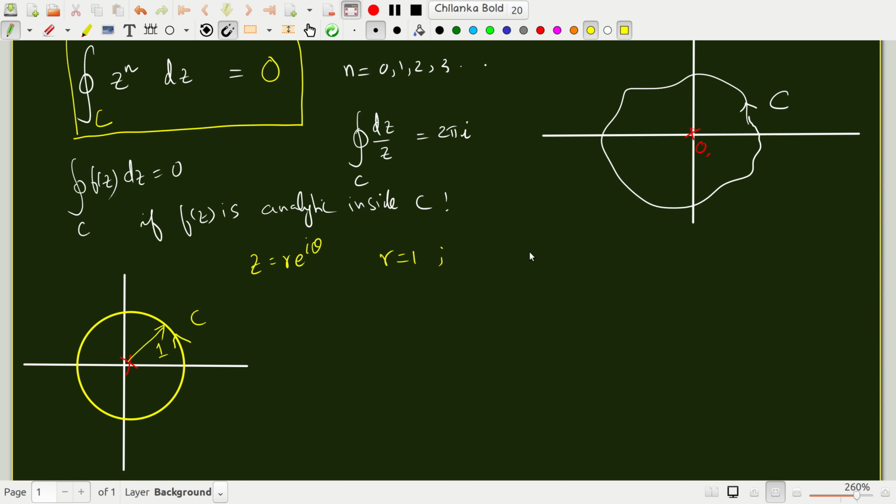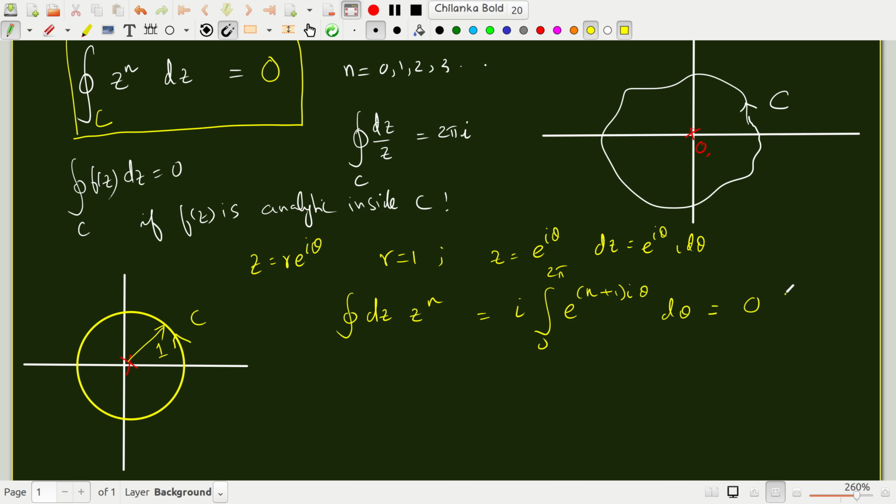So z is simply e to the i theta, dz is e to the i theta, i d theta. So the integral of z to the power n dz is i times the integral from 0 to 2 pi of e to the (n plus 1) i theta d theta. That is always 0. You can verify it for n greater than or equal to 0. This is easily verifiable.